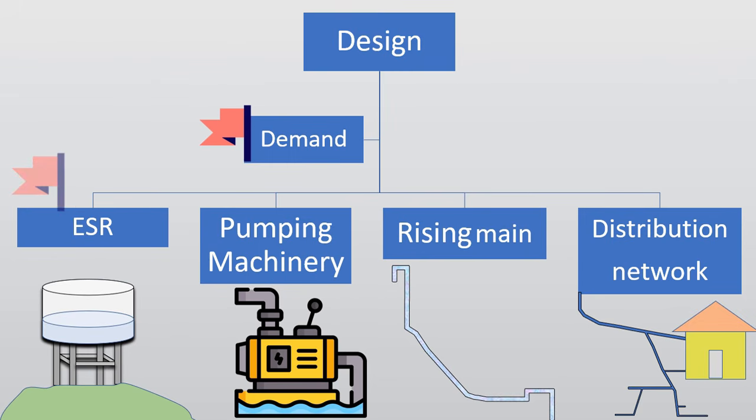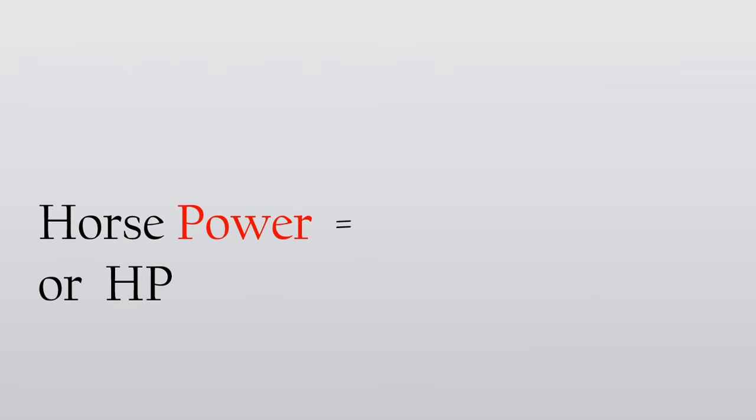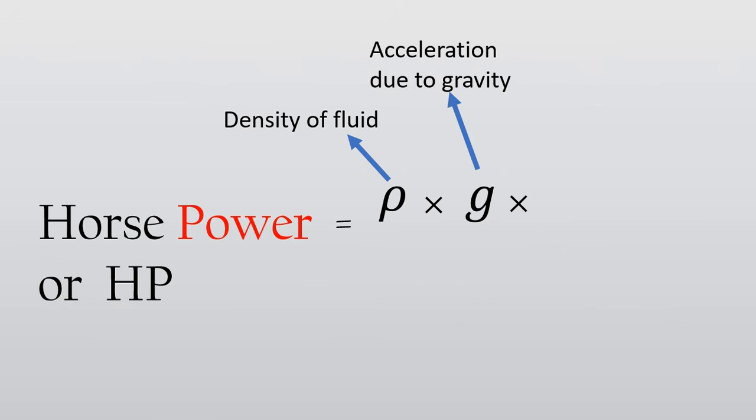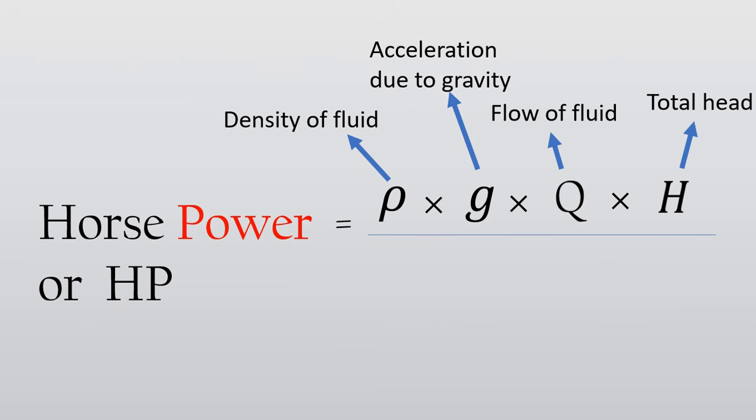As we found the ESR capacity, then what capacity of pump will be needed in terms of power? The power of pump is defined in terms of horsepower or HP. So HP of pump is calculated by simple formula and it is density of fluid into acceleration due to gravity into flow of fluid into total head of pump divided by efficiency of pump.